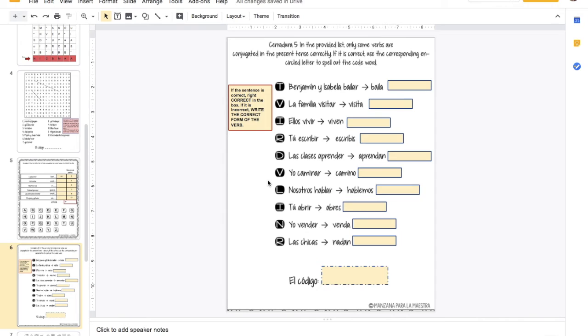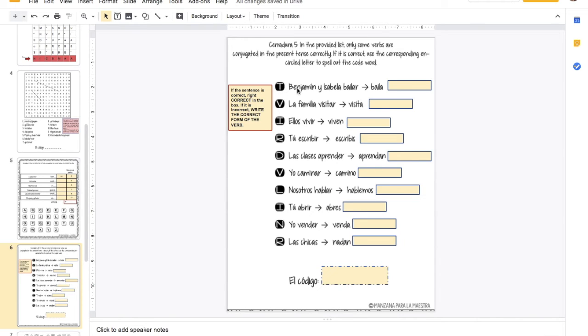Let's take a look at this specific one, guys. Do not get confused with this one. It's actually rather simple. Do you see all these letters in black? The point of all these is that this is going to create your final code, el código. However, you're only going to use some of these letters, and the way that you're going to know which ones you're going to use is if they are correct.